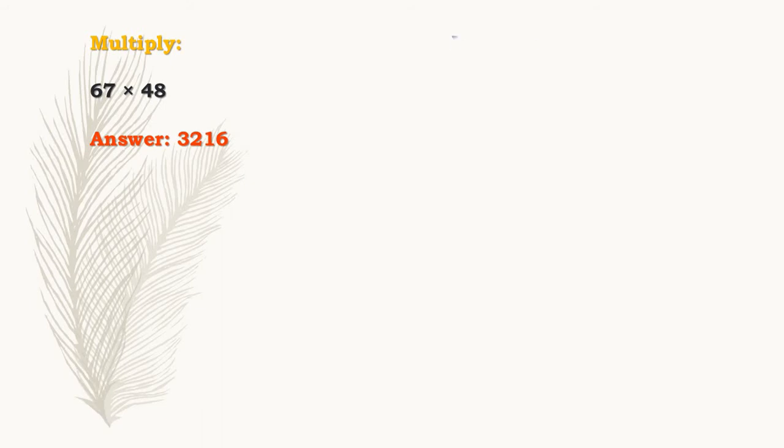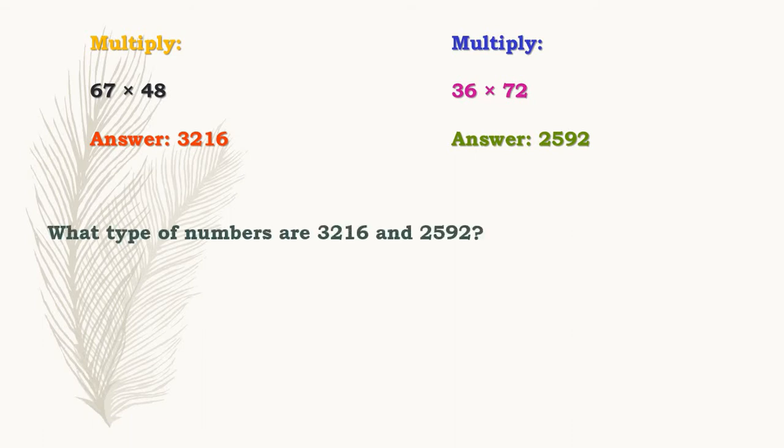Next, again multiply these two numbers, 36 and 72. Okay, the answer is 2,592. What type of numbers are 3,216 and 2,592?